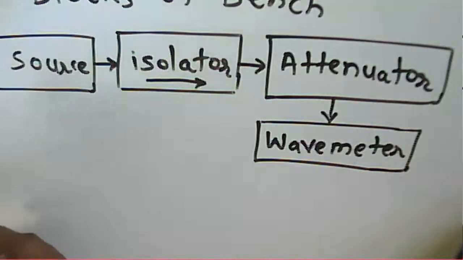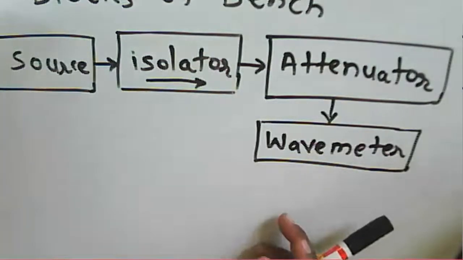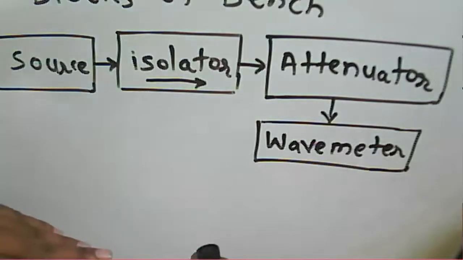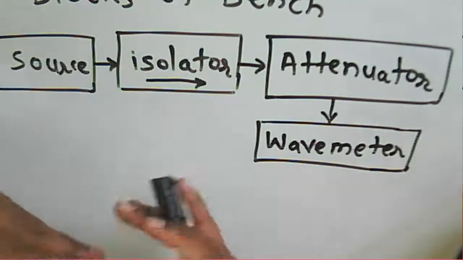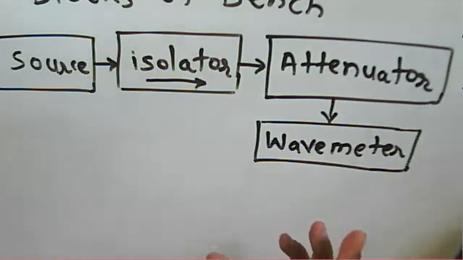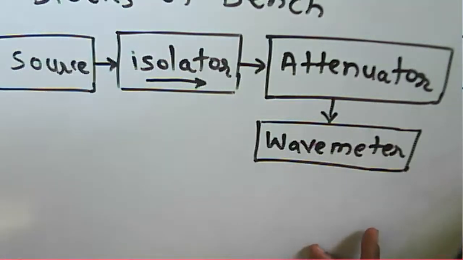Now, what are the types of wave meter? Generally there are two types. One is the direct measurement type, which measures the frequency of the signal and displays it on a display device.